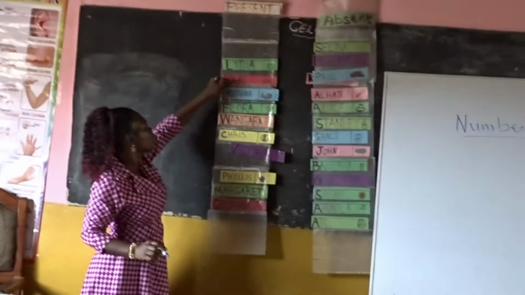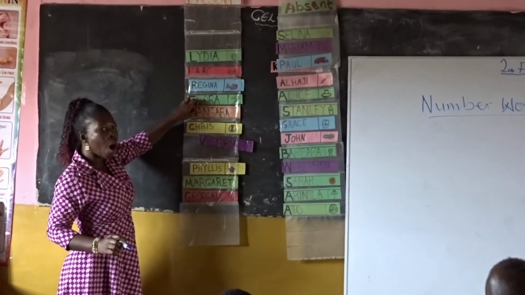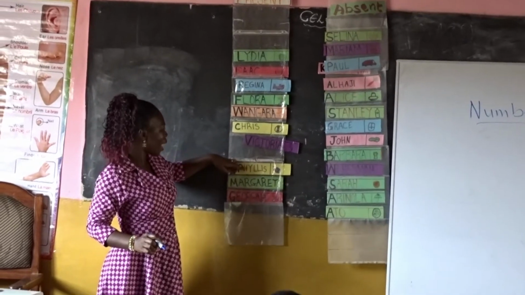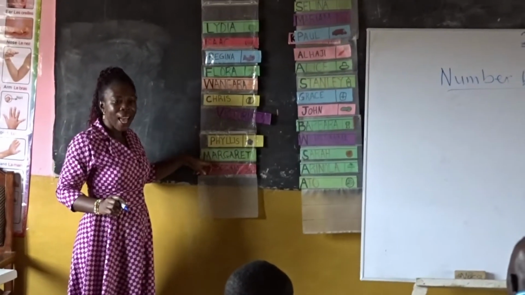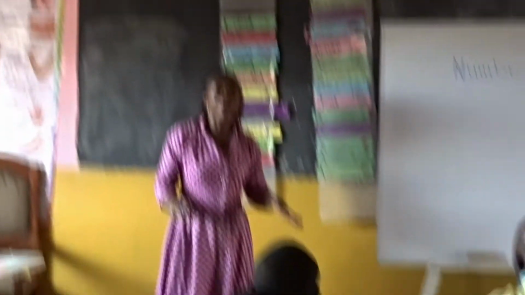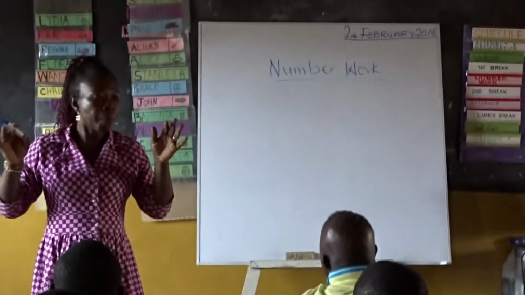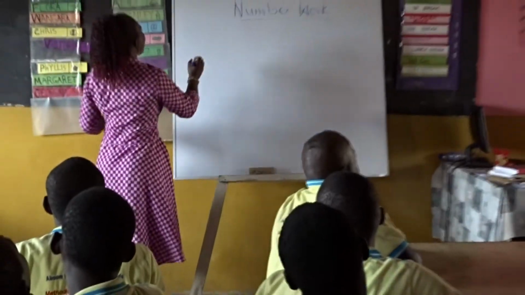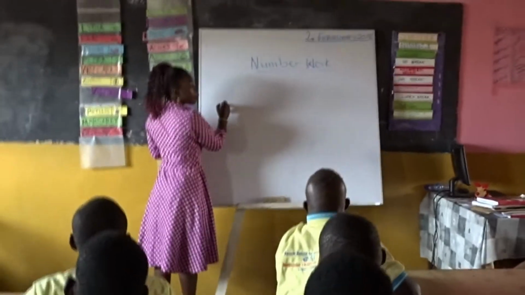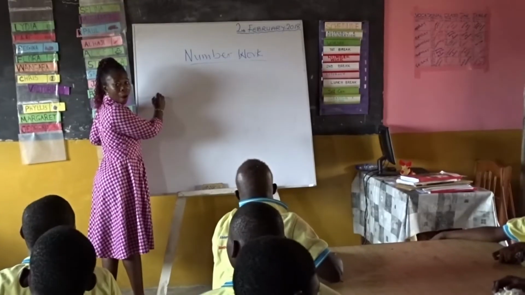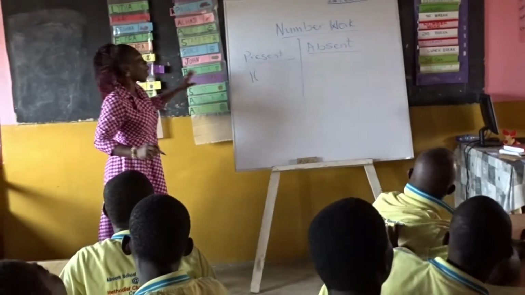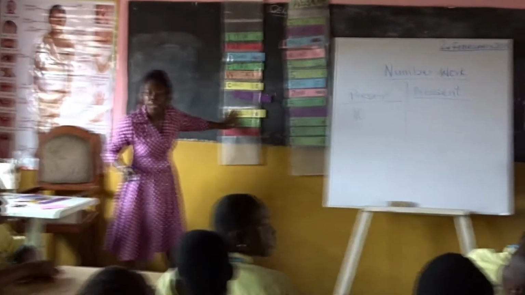1, 2, 3, 4, 5, 6, 7, 8, 9, 10. So we have 10 students present. So what will I write here? 10.